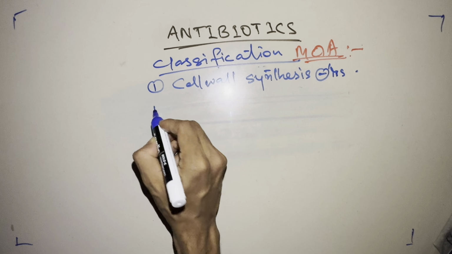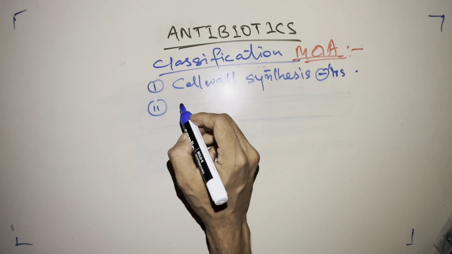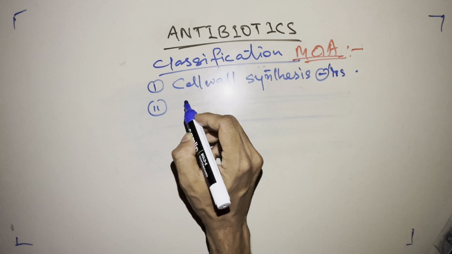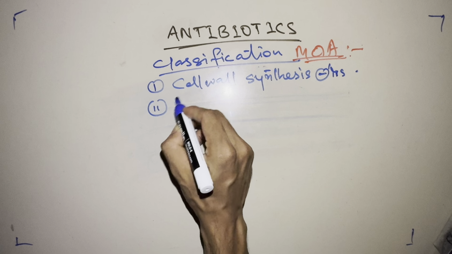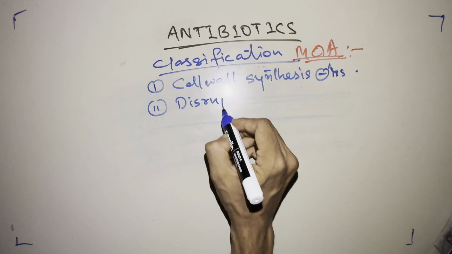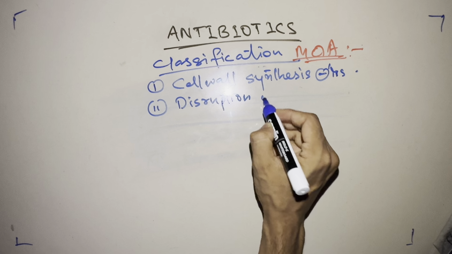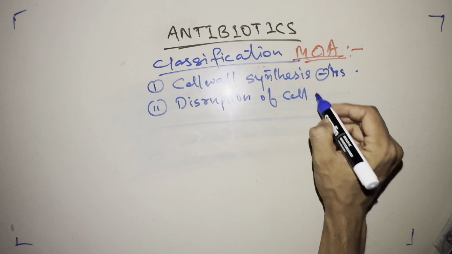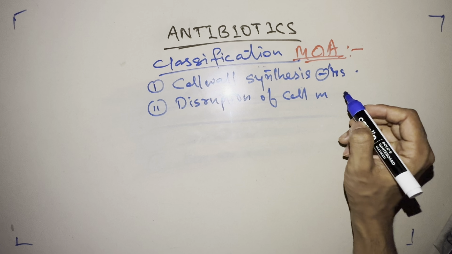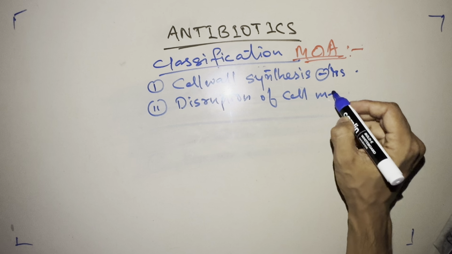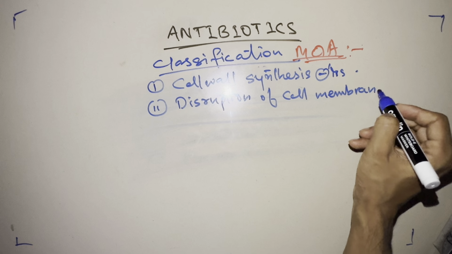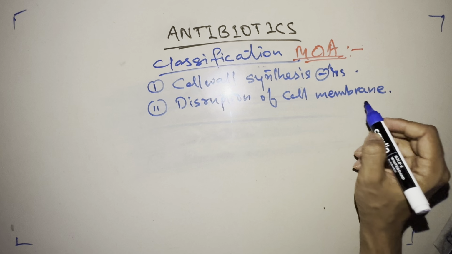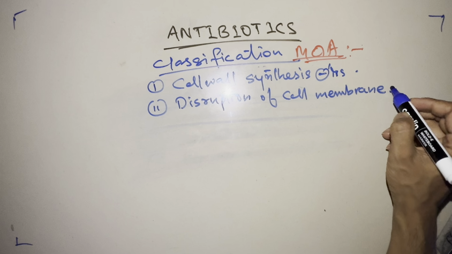Next, number two is cell membrane integrity disruption, called disruption of cell membrane. You have to focus that the first one is cell wall and the second one is cell membrane.